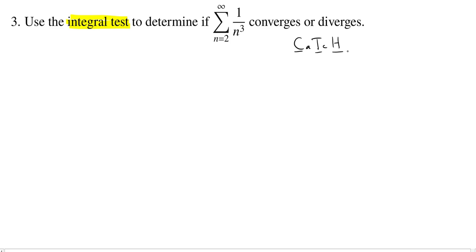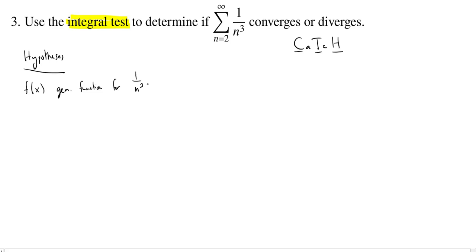Check the hypotheses. All right, so what are the hypotheses for the integral test? First, we need to have a generating function for our sequence. So we need to have some function f of x, a generating function for, in this case, 1 over n cubed.